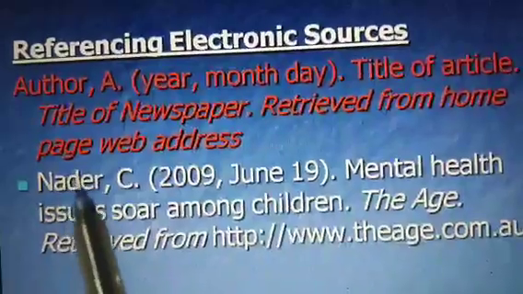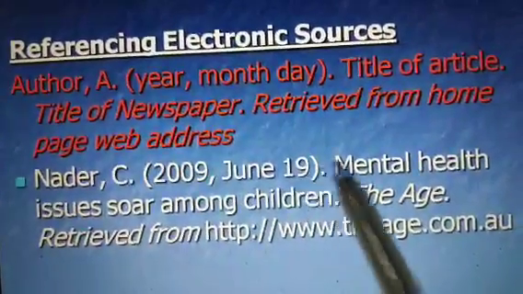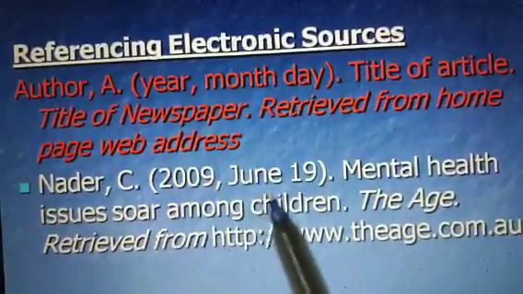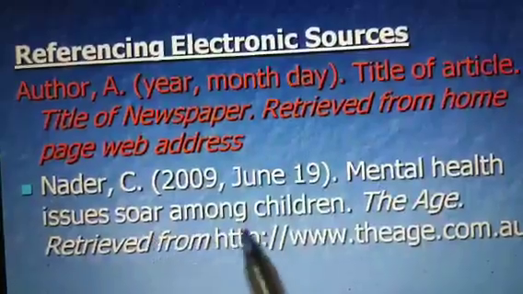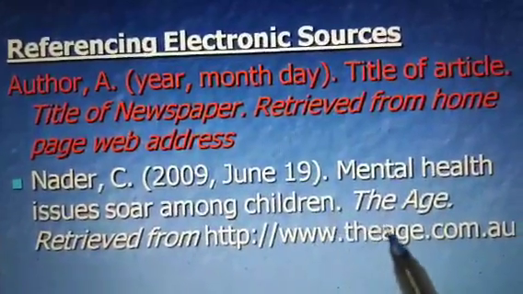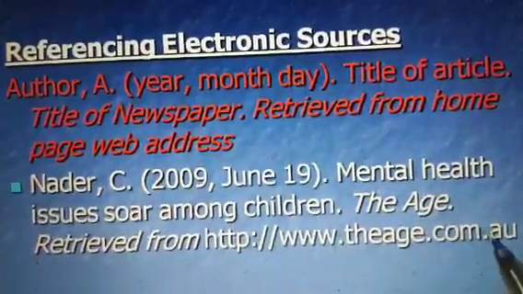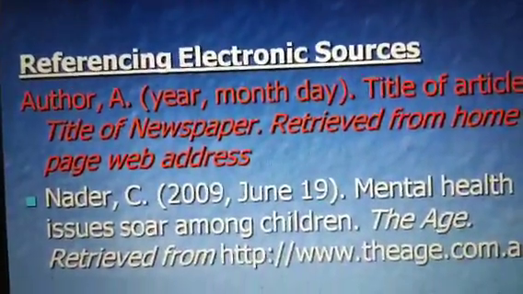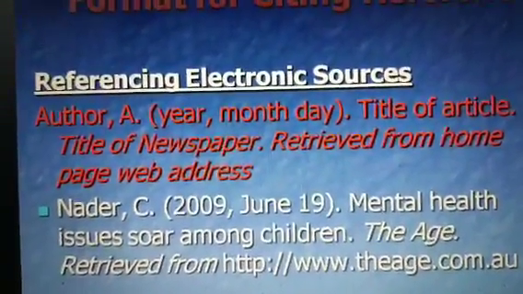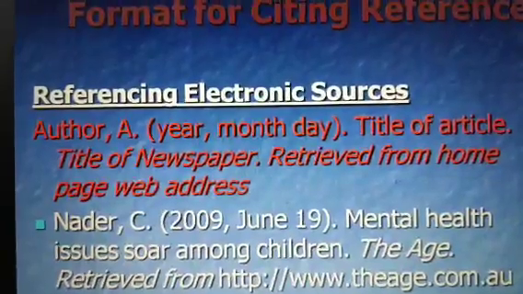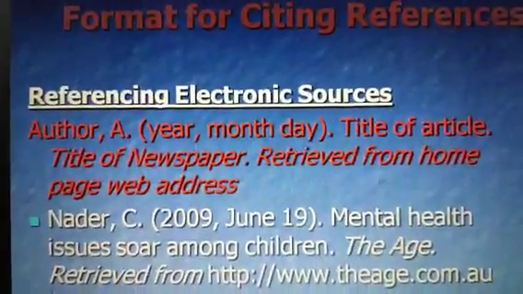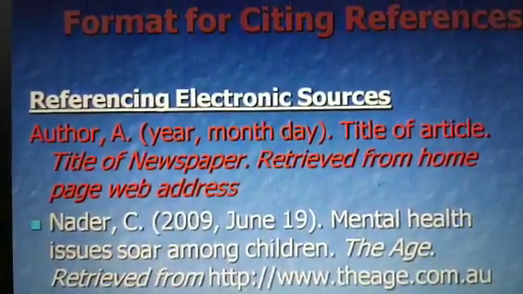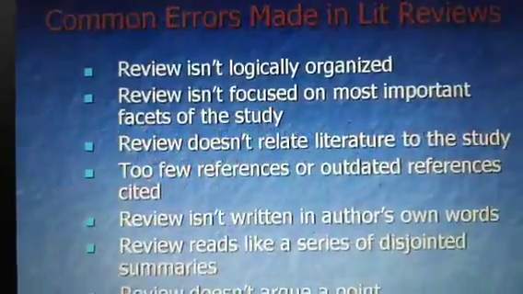For example, Nadar C, 2009 June 19, Mental health issues hit problem children, The Age, retrieved from http://www.theage.com.au. Through this example, you can learn how to write the references and use them in a bibliography. So review of literature is important, and references are also important.